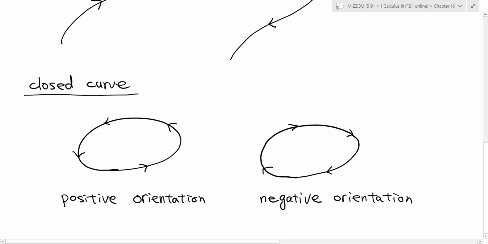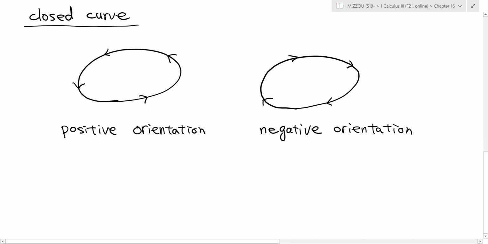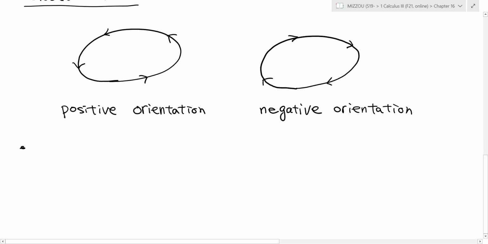All right. Now what we're going to do in this video is to do the same for surfaces. So for surfaces, what is the orientation of a surface? Well, orientation of a surface is actually a consistent choice of unit normal vectors. What is that? Let me just write it down.